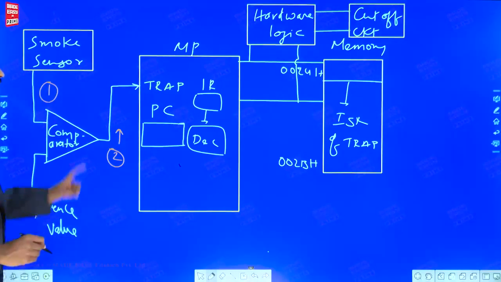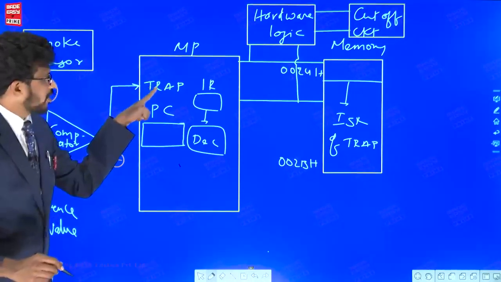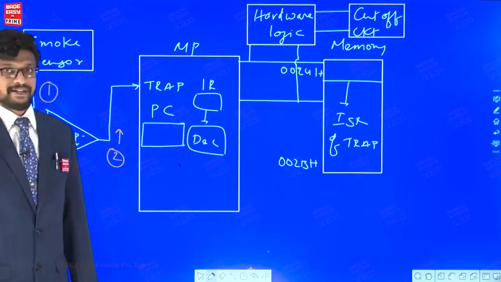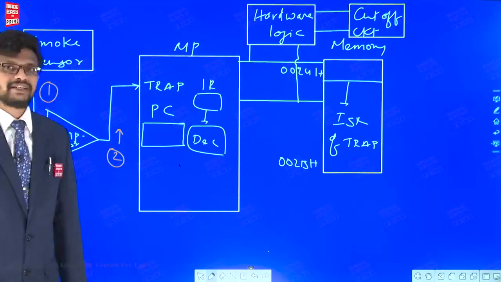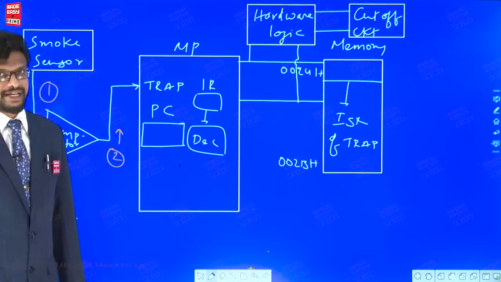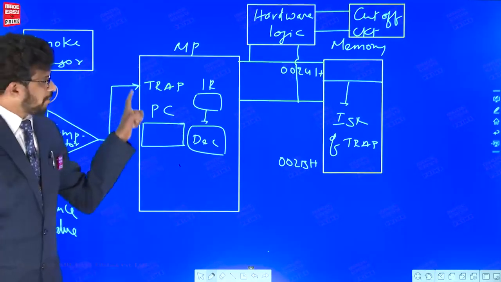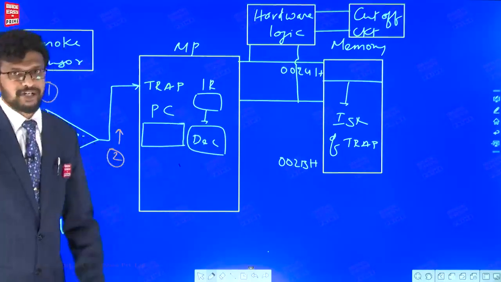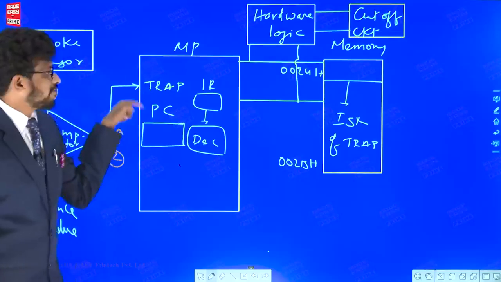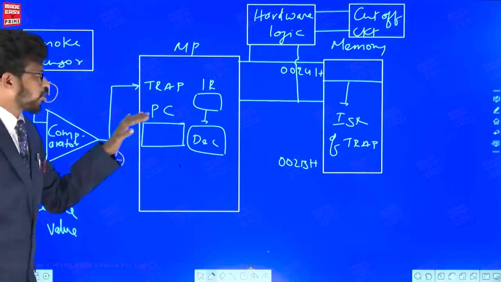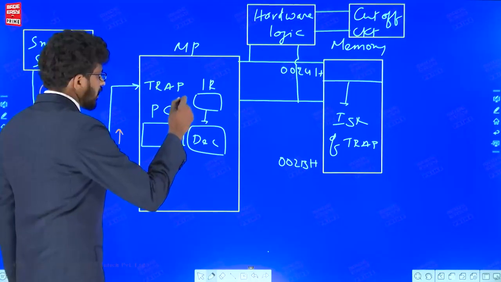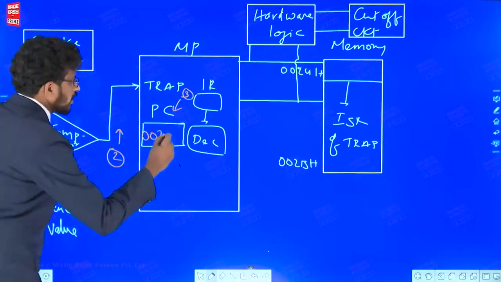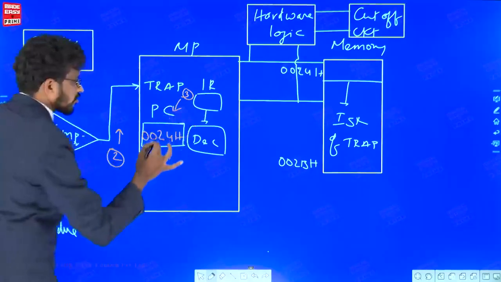Number 2: now tell me, the signal has come to the trap pin. What kind of triggering is trap? It is both edge and level triggering. Now we will come to know why trap should be both edge and level triggered. When trap is received, it has the highest priority in 8085, and as it is a vectored interrupt, inside the microprocessor there is some built-in logic such that the program counter is automatically loaded with the vector address of the trap.